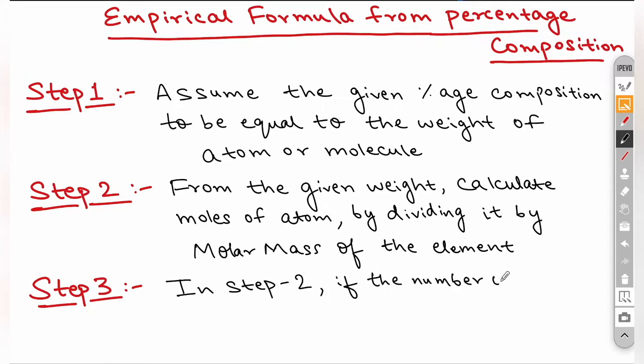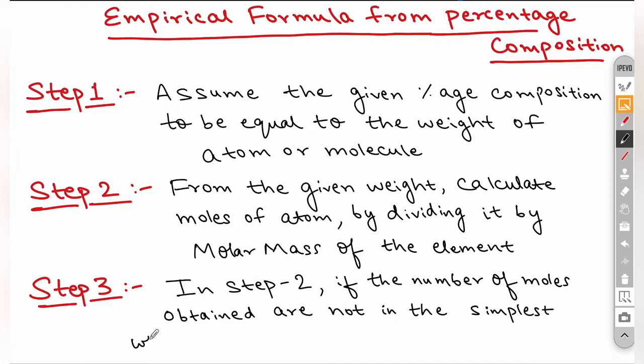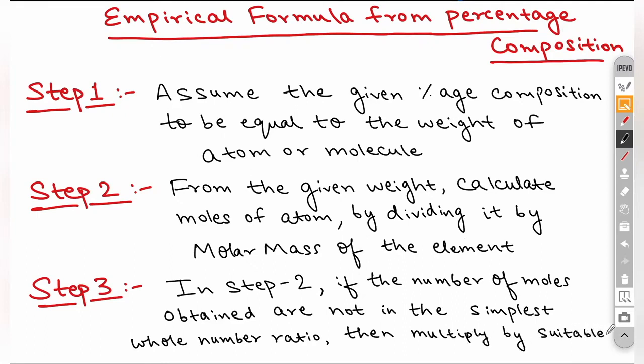So in step 2, if the number of moles obtained are not in the simplest whole number ratio, then multiply by a suitable factor to obtain the simplest ratio.